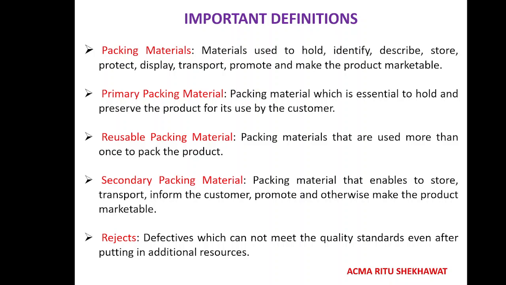Then reusable packing material is something that we can use more than one time, from one pack to another. Secondary packing material is important for transportation of the product and for information regarding the product to the customers. Like toothpaste: the tube is the primary packing material, which is compulsory.